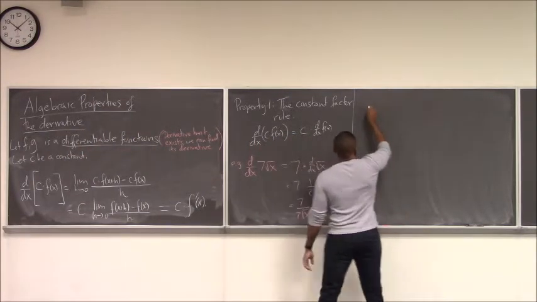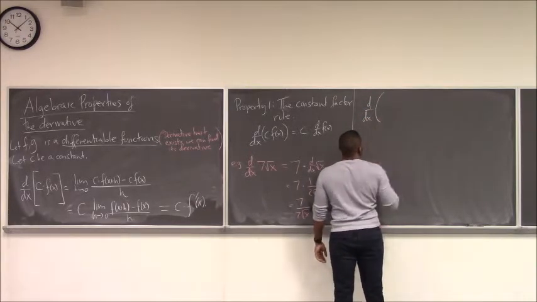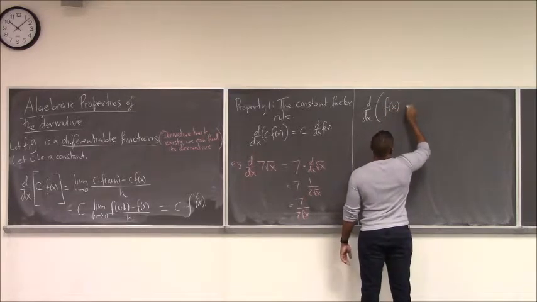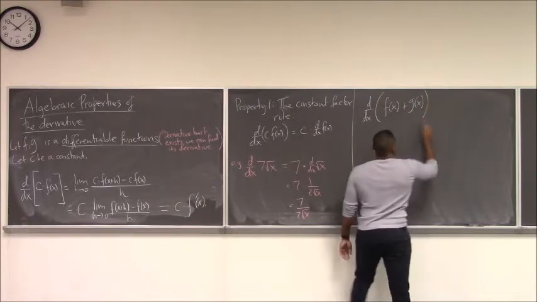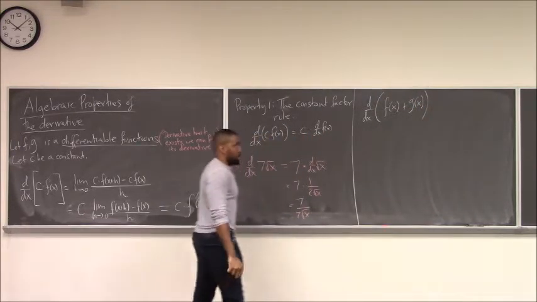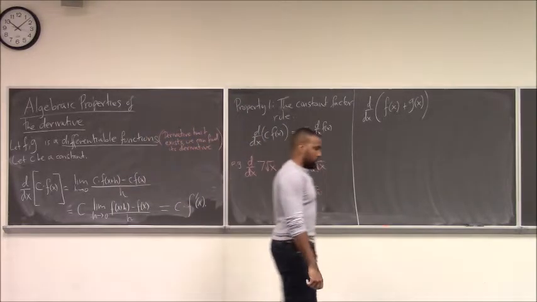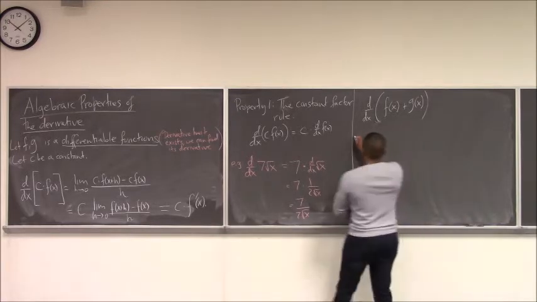You can also look at something like this. If I wanted to find the derivative of a sum of functions, so I have two functions that I know the derivative exists, and I add them together. What is the derivative of the sum? Well, we can go by the definition.